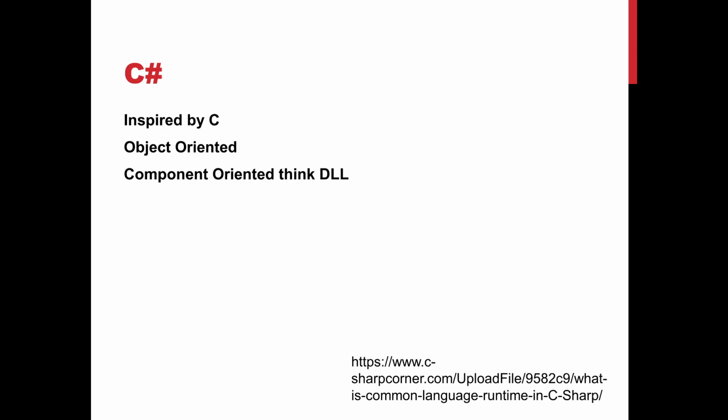So I like to say C Sharp was inspired by C. So we'll talk about C in our language comparison. And C Sharp is object-oriented, but they've also added functional programming capabilities. And with that, you have what's called anonymous functions.